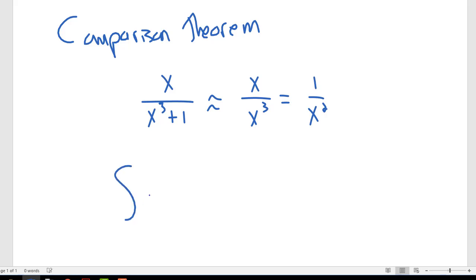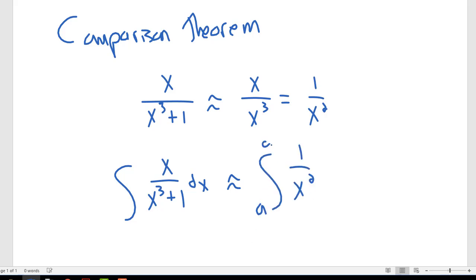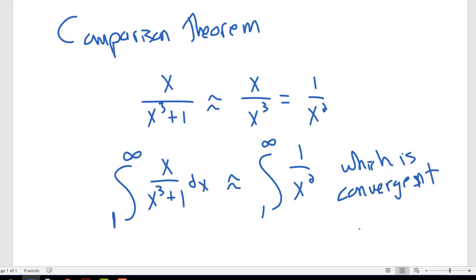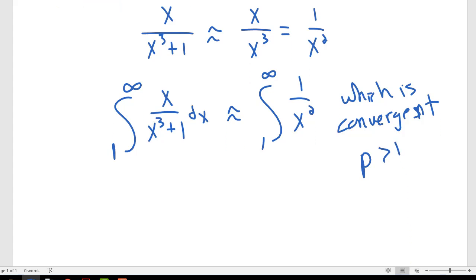So we would say the integral of x over x cubed plus 1 is approximately behaving like the integral of 1 over x squared. We had 1 to infinity on what I wrote. Okay. And then this is convergent since p is greater than 1. So then we would deduce that our integral converges.